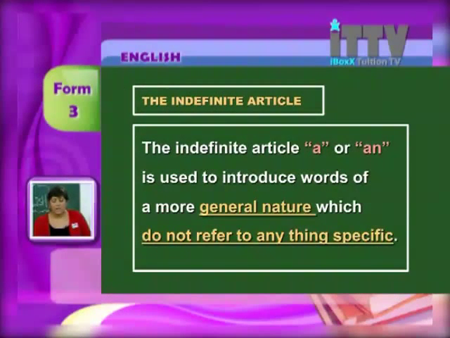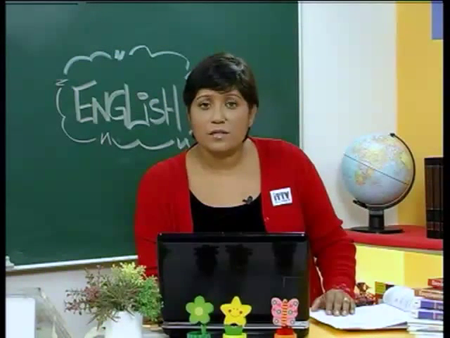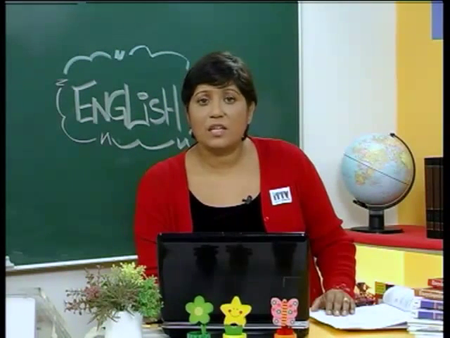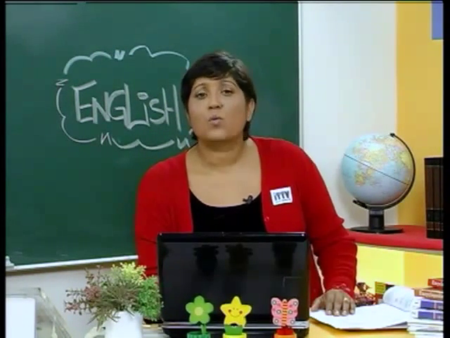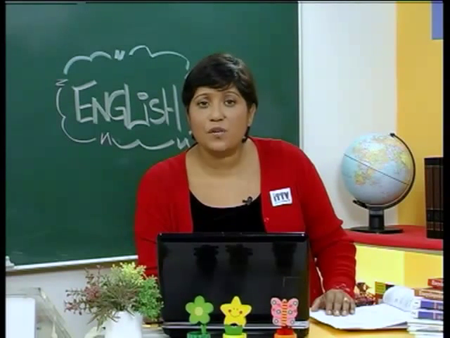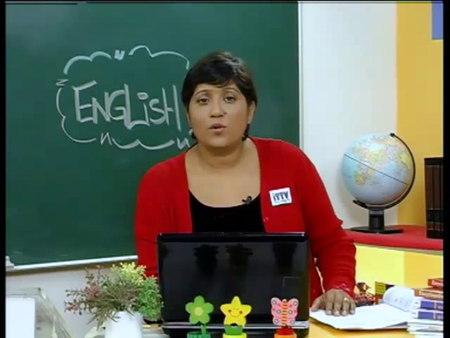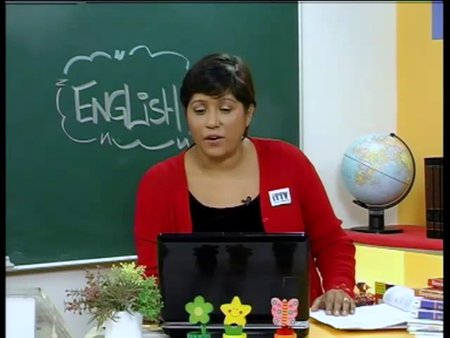The indefinite article a or an is used to introduce words of a more general nature, which do not refer to anything specific. Remember students, you have to think of the particular, whether anything is specific or not, when you think about the articles and whether you want to use a or an or the.